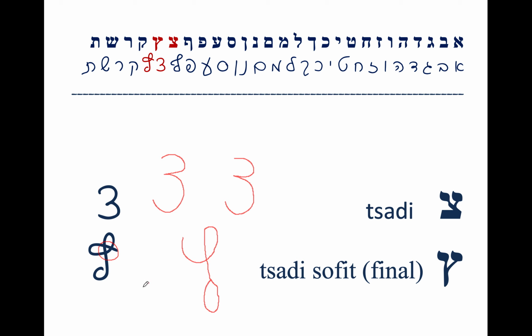Okay, again. Tzadi sofit, an oval. You go up, you circle, and you go up. Okay, make sure you go up. Like we said before, if you go down, that's fe sofit.